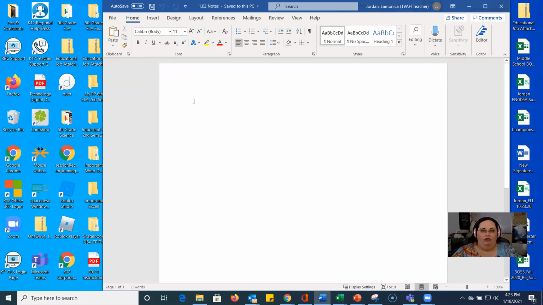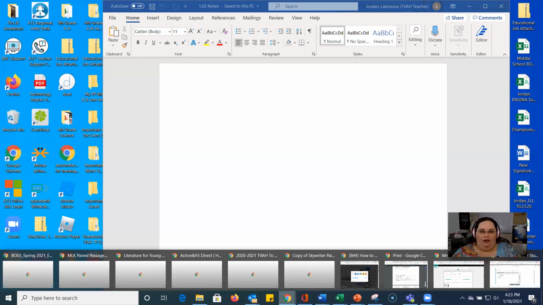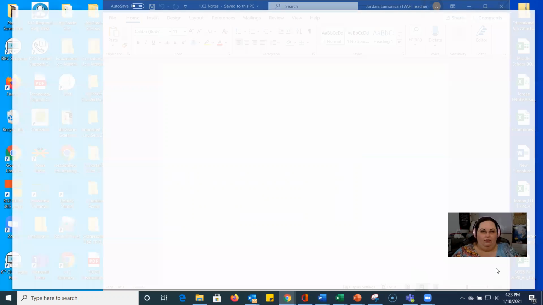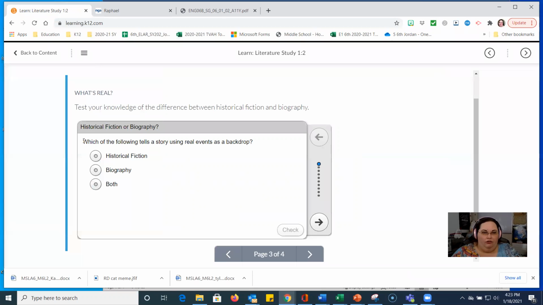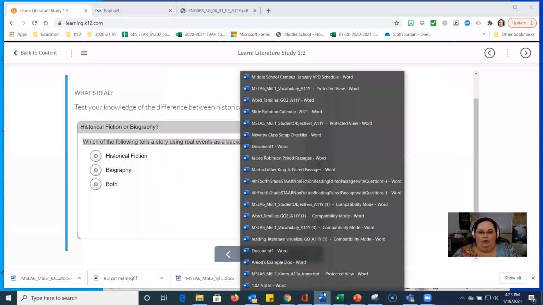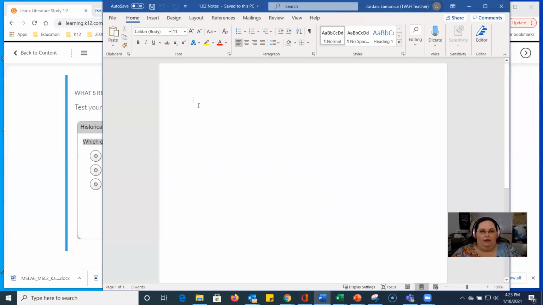Okay, and then from there, I would just copy and paste. So go back to where we're at, and you can just highlight that, right click and copy, or do Control C on your keyboard. We'll copy it. And then click on the Word document you want and hit Control V or right click and paste, okay?